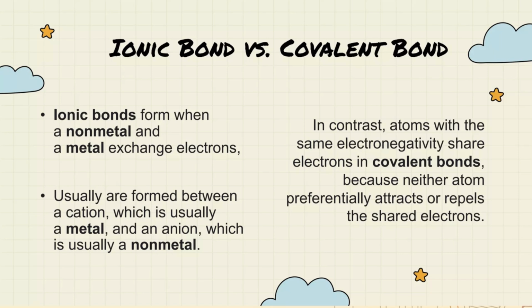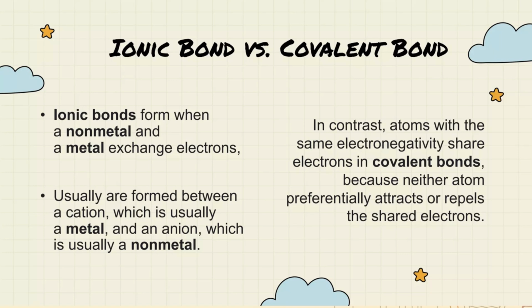Makita ninyo sa inyong periodic table ang mga elements na nabilong sa non-metal o metal elements. Usually, the ionic compound are formed between a cation, which is usually a metal. So, mao ni siya ang maghatag o mag-share og electrons, and an anion. So, mao ni siya ang mudawat sa electron, which is usually a non-metal element.